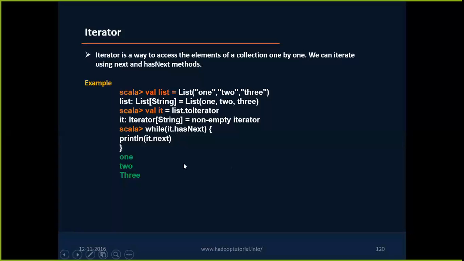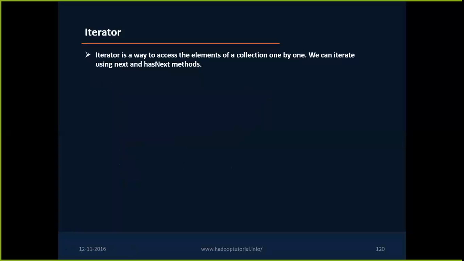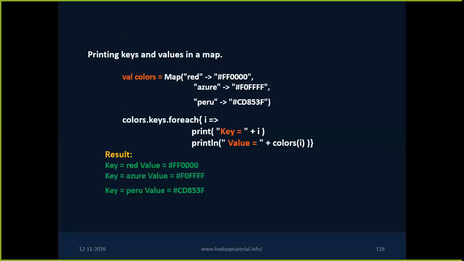but we have an even simpler option, that is the foreach that we have seen in the maps already. On almost all the collections we have the foreach method also. It automatically loops through every element of this collection.